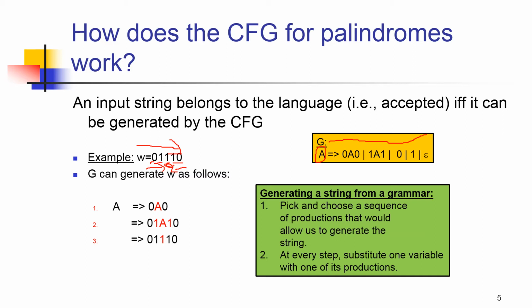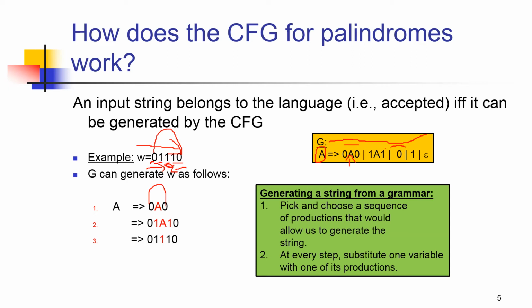For 0, I have two options, either this or this. Since I require more alphabets further also, I'm going to proceed with this particular one, that is A produces 0 A 0. So I got this 0 and this 0.